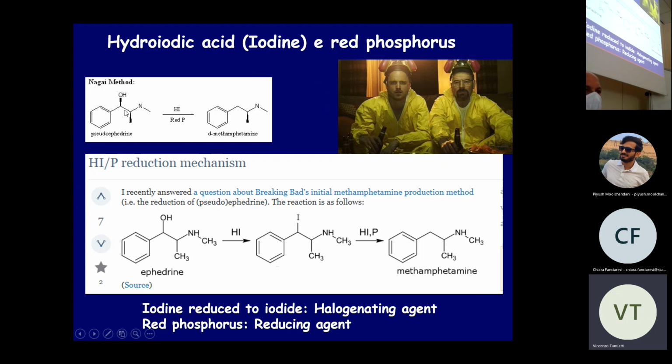They transform pseudoephedrine into methamphetamine. We have to reduce this OH group by a halogenated agent, in this case iodidric acid, and in reductive conditions with red phosphorus. You see here ephedrine at the beginning, iodidric acid, we have the transformation of the OH into iodine, and then reduction with the phosphorus to CH2.